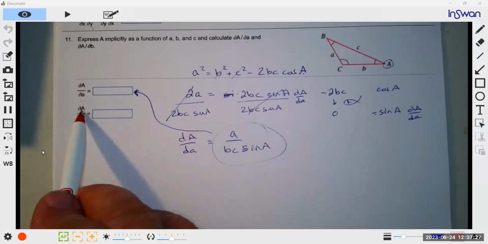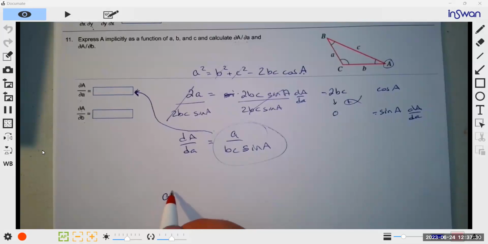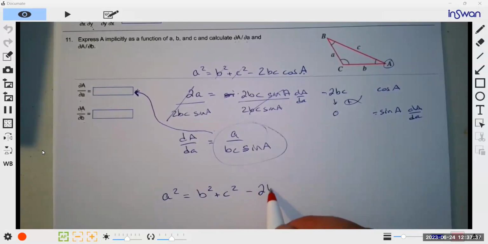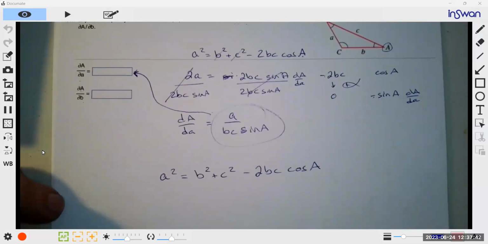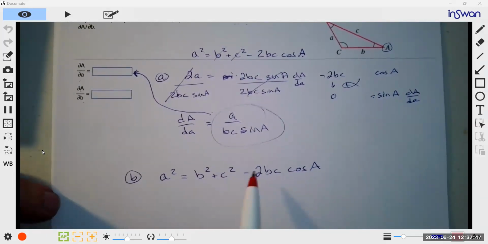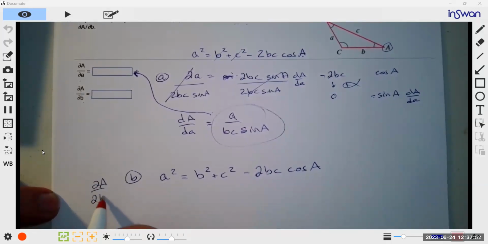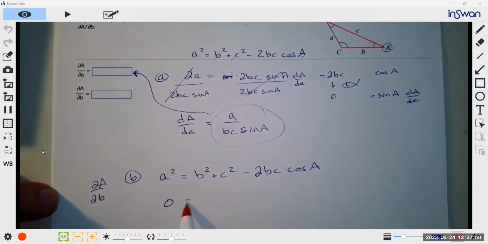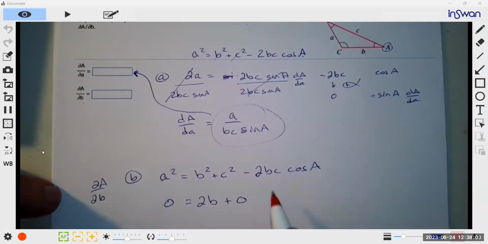To find the partial with respect to b, since we're still looking at A, we have to use the same formula. But this time, this is for the first one, this is for the second one. Now we look for it with respect to b. We're trying to find the partial of A with respect to the partial of b. So with respect to b, this one goes to 0, 2b, 0.